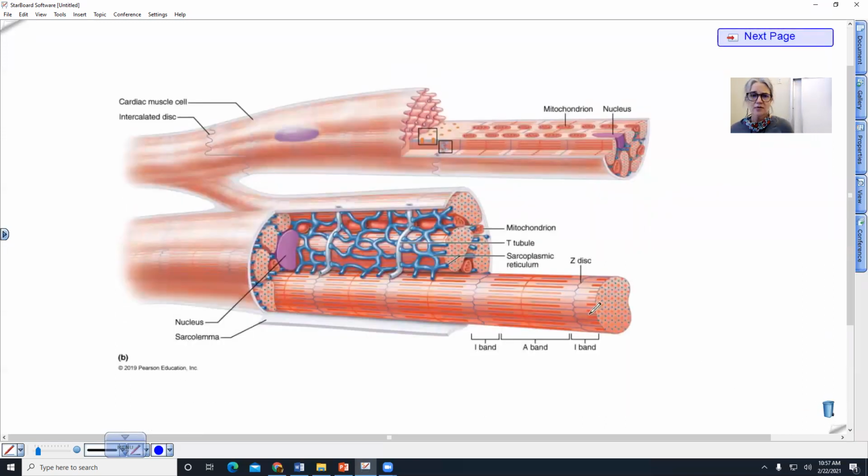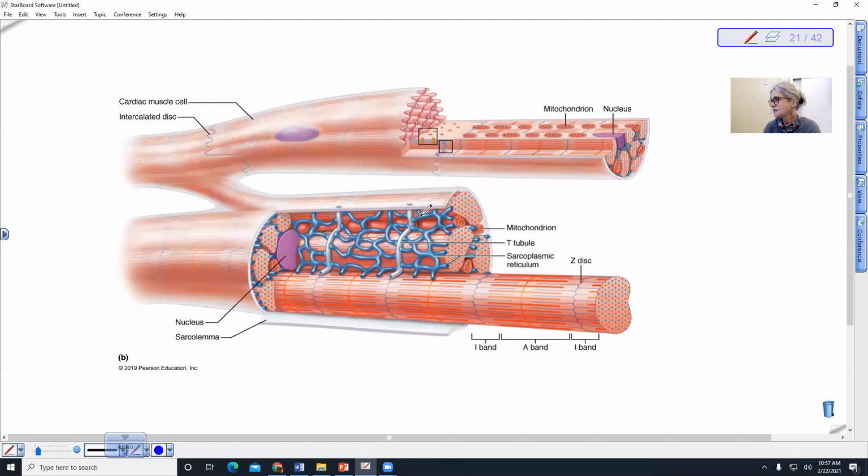We'll talk more about the structure of muscle next quarter, but one of the things that we need for muscle contraction to occur is calcium ions. So calcium ions are really important in that process of muscle contraction. And so that's what is shown. The sarcoplasmic reticulum is a really important place where calcium ions are stored.